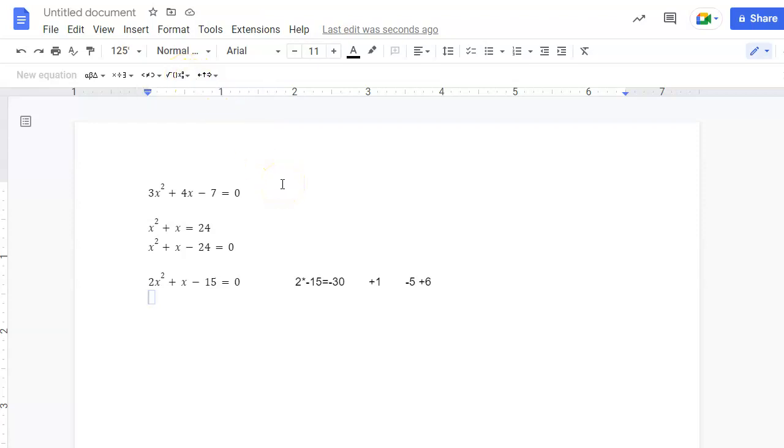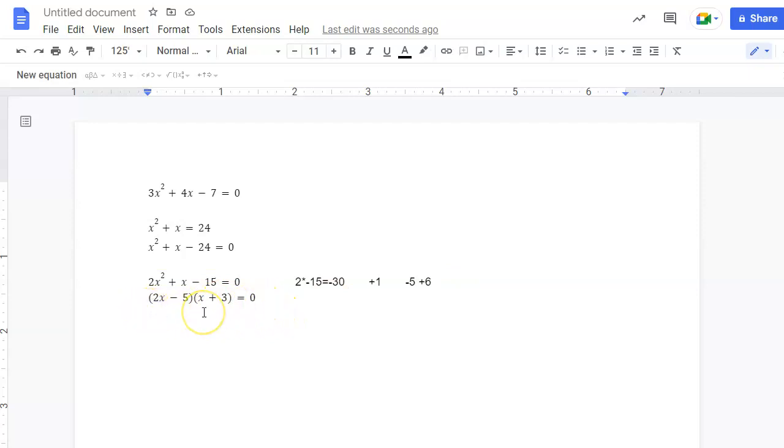And so we would end up with a 2x, let's see here, a 2x minus 5, and this should be in parentheses. 2x minus 5 times an x plus 3 equals 0, because remember I have to divide both of these by my leading coefficient of 2.